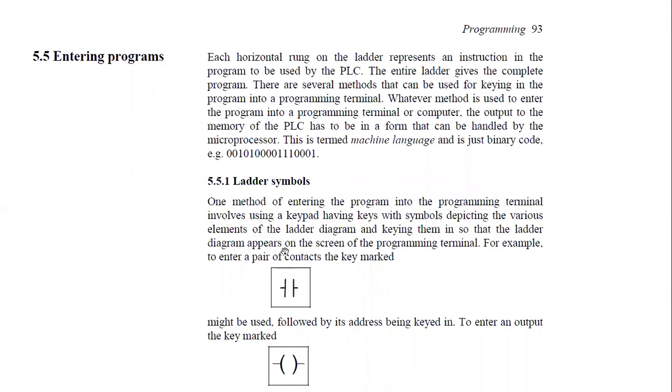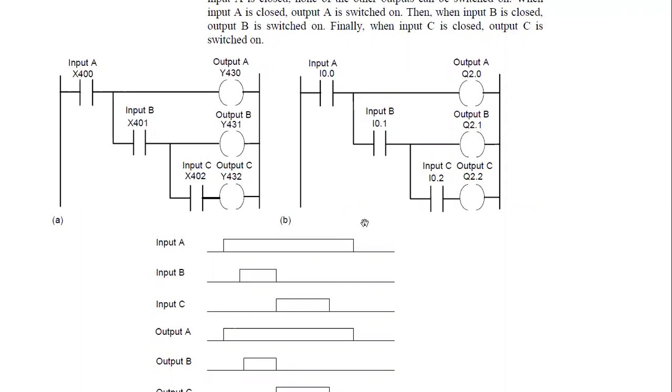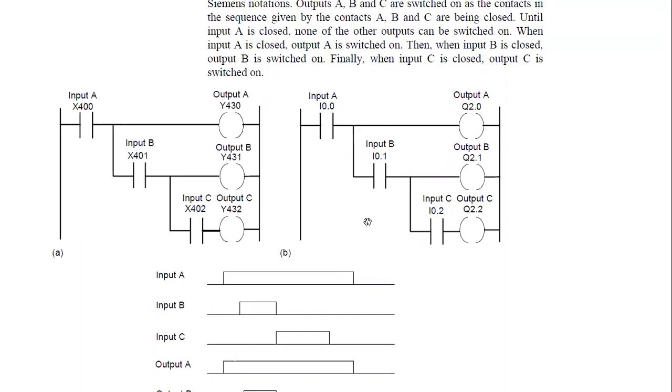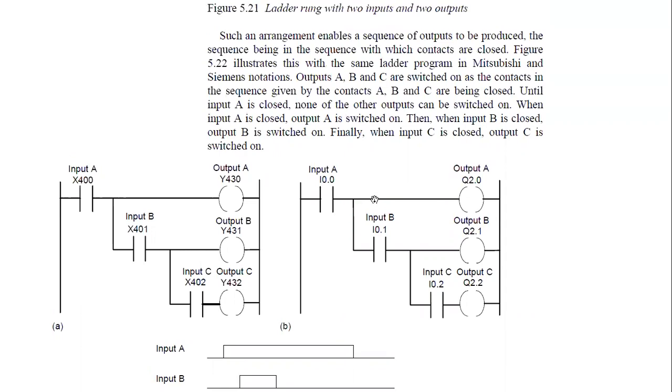Next we're going to look at entering programs, but our class has just around 5 minutes to finish. So you can draw these ladder diagrams and give those explanations. And I can guarantee you this one will be in the exam, so you better be conversant with the same.